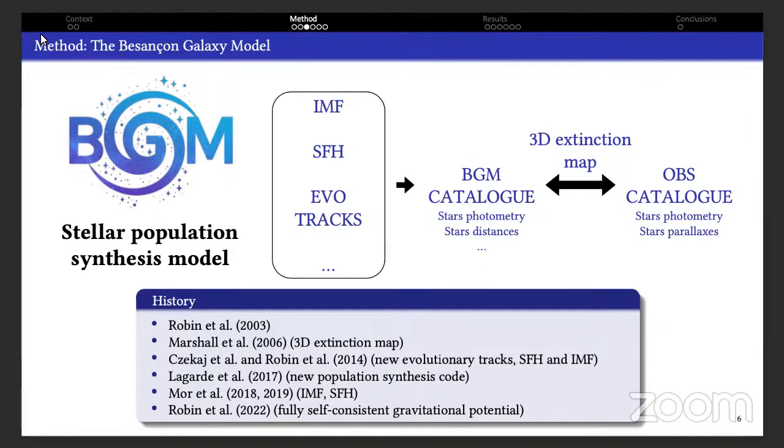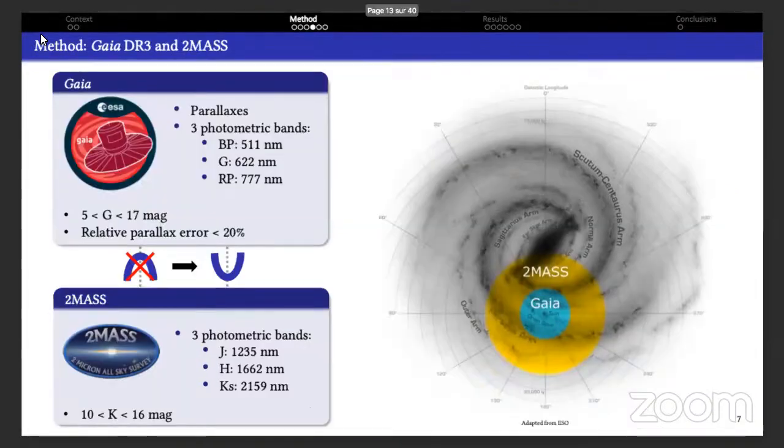And then with this tool, we can study the structure of the Milky Way by comparing it with real observations. So we can, for instance, compare the catalog from the model to a catalog of real stars and try to have a 3D extinction map.